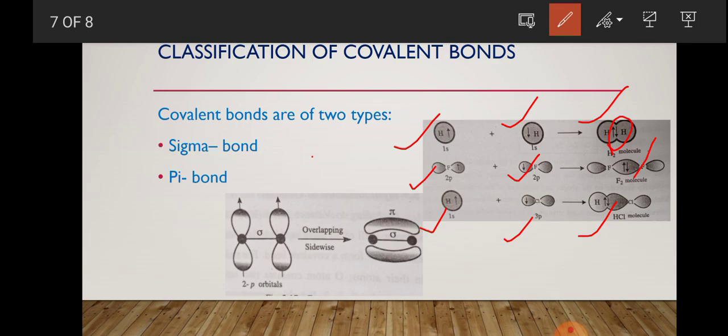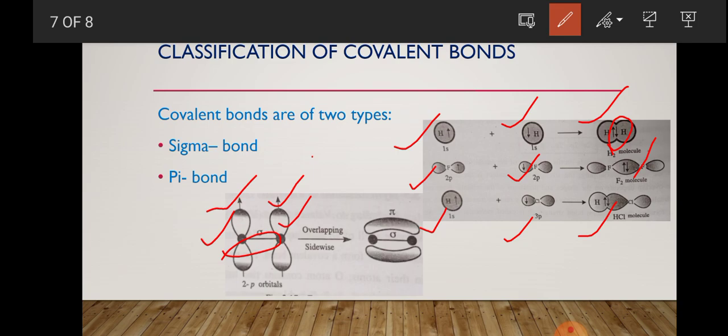That is, after formation of a sigma bond, two atoms become close enough, and if they have two parallel p orbitals along with the sigma bond, then the p orbitals can overlap side to side partially. This type of bond formed by partial sidewise overlapping of orbitals is called a pi bond.